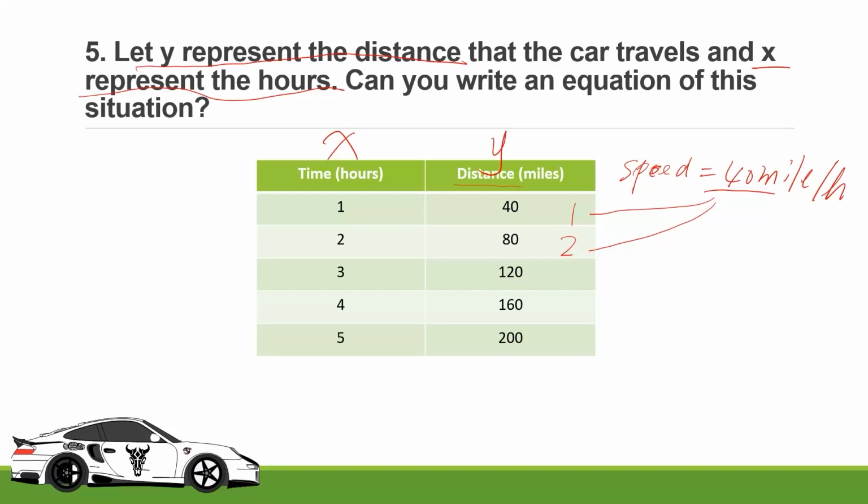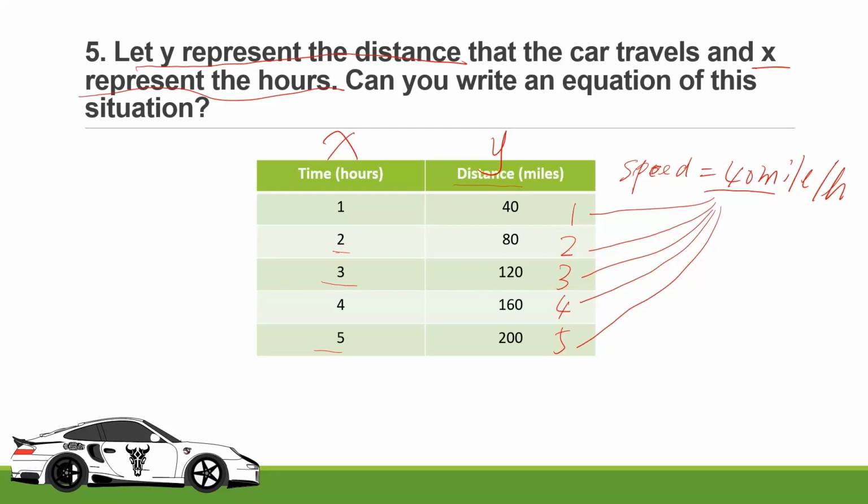And you see, this and the hours are the same, right? 40 goes to 120 how many times? 3 times, the same as the hours. 40 goes to 160 how many times? 4 times. Excellent. And 40 goes to 200 how many times? 5 times. Excellent.